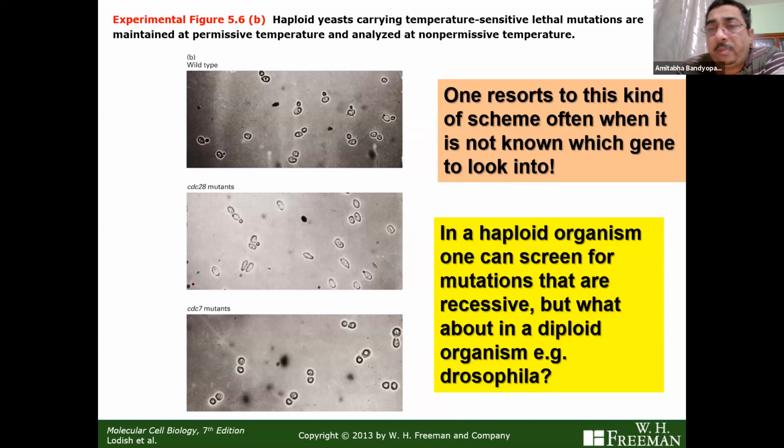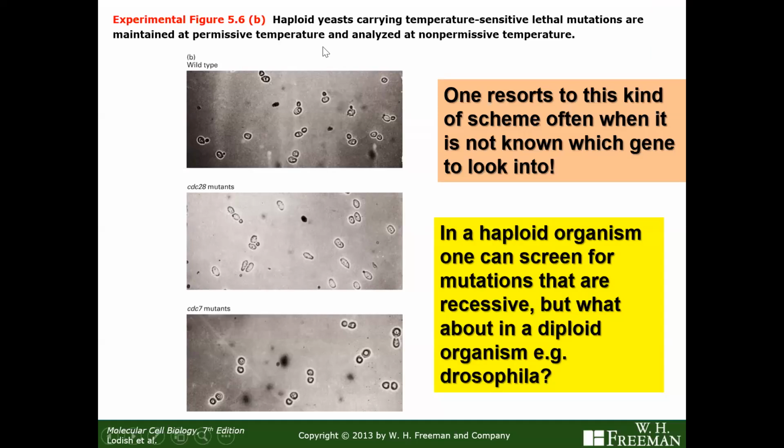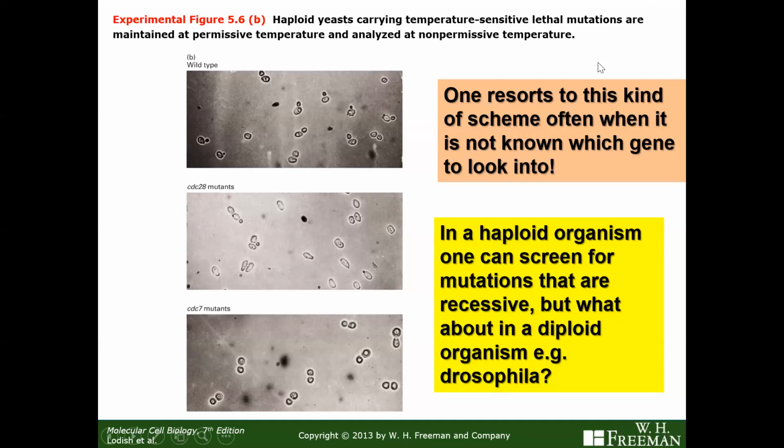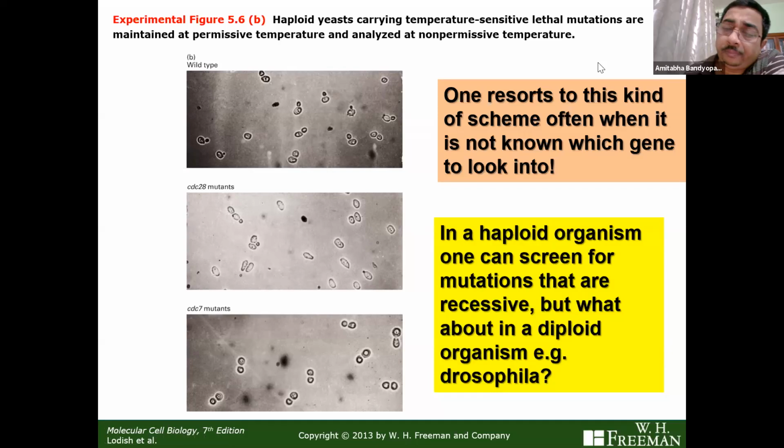Sir, I had a small question from temperature sensitive screening. In the experiment of Leland Hartwell, we were detecting growth where the buds are growing and where buds are not even coming.